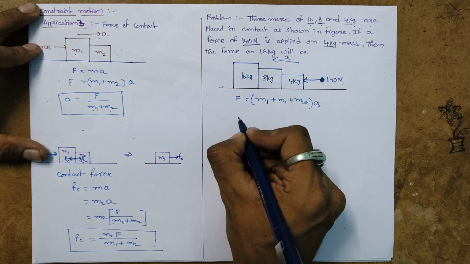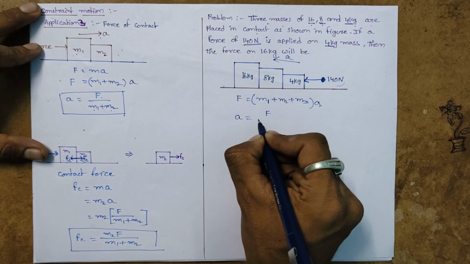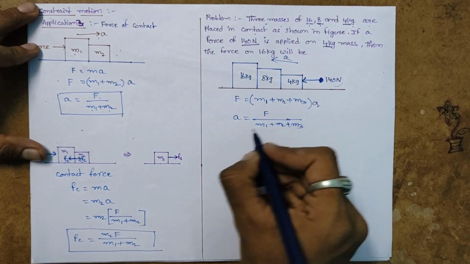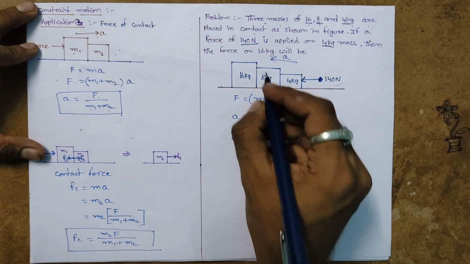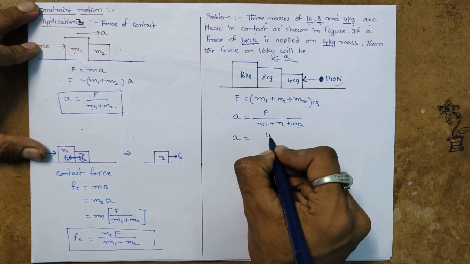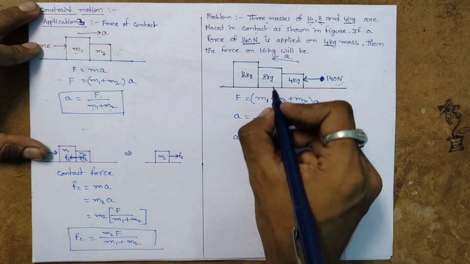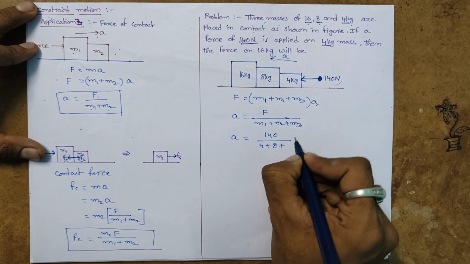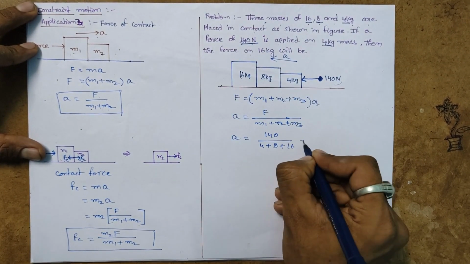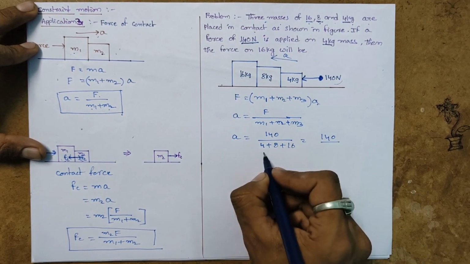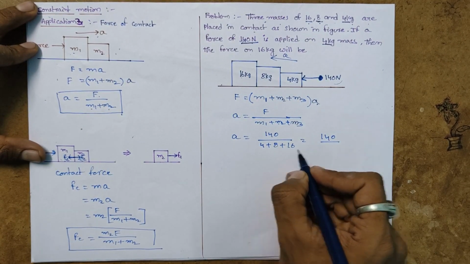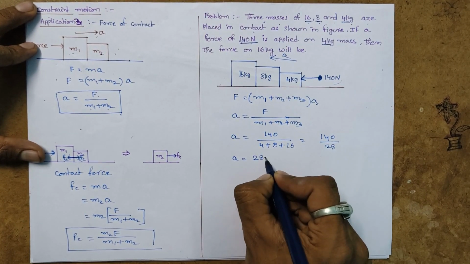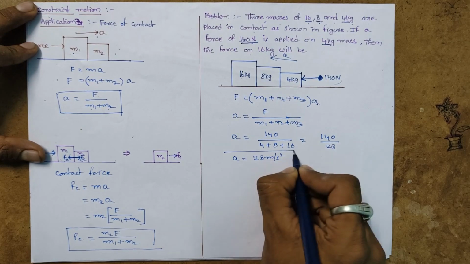Bringing this acceleration to the left side, a is equal to F by (m1 + m2 + m3). The force value is 140 Newton divided by m1 value 4, m2 value 8, m3 value 16. So 140 divided by 4 plus 8 means 12, 12 plus 16 means 28. So the net acceleration is equal to 28 meter per second square.